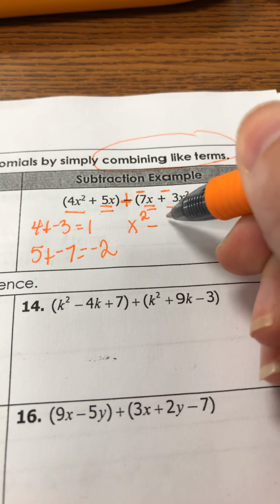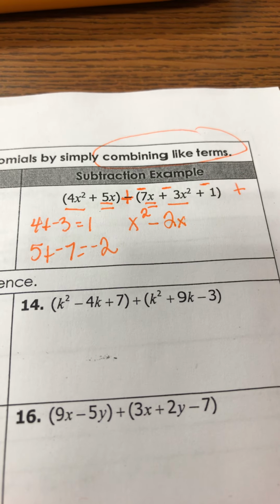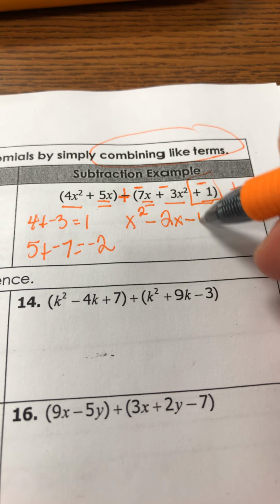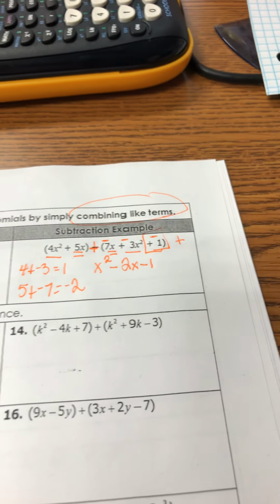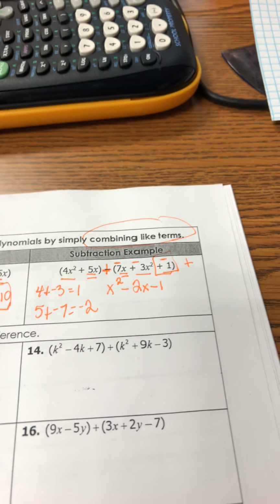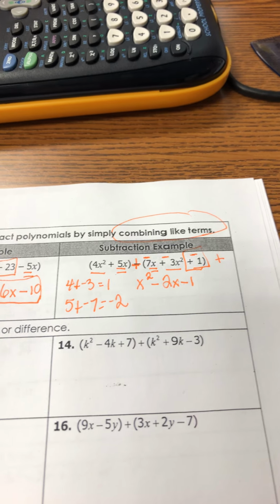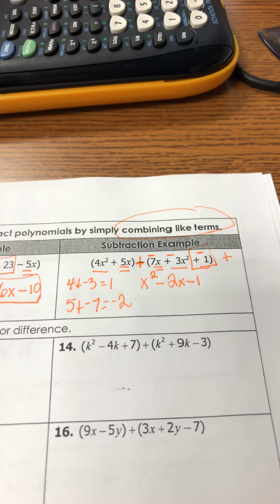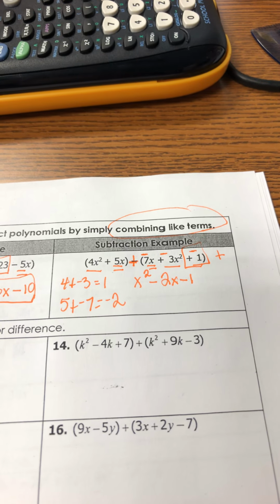So I have a negative 2x. And the last thing I'll do is my constant term, which is a minus 1. So we have x squared minus 2x minus 1, which is going to give us another quadratic because it's a degree 2, and another trinomial because it has 3 terms.